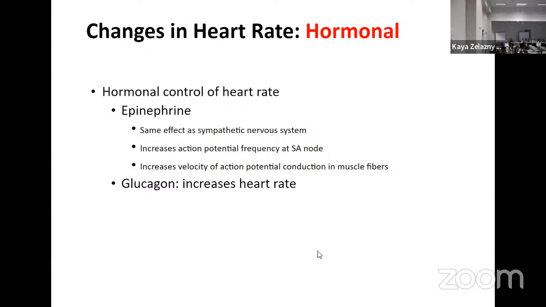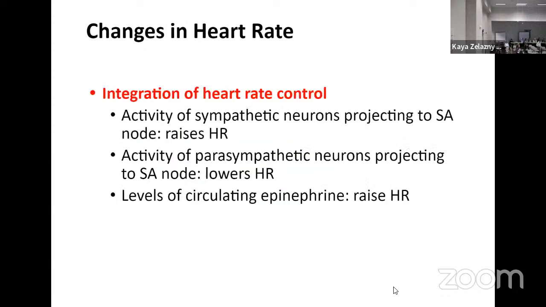So glucagon was our hormone of our post-absorptive state, right? So the post-absorptive state is when you're not eating, you're not digesting, right? So it's more associated with these periods of time when we have our sympathetic nervous system more likely to be active. We have less parasympathetic activity because the parasympathetics are for resting and digesting. So glucagon actually affects the heart rate as well. It's just a sort of side job of glucagon.